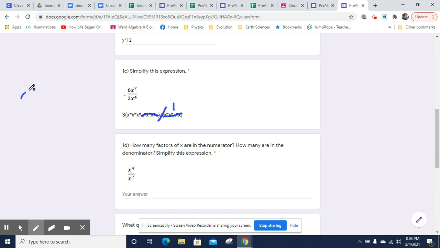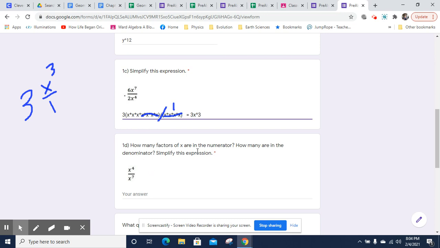So I've got 3 times 3 factors of x in the numerator over just 1, because all 4 of them got canceled out. And so this will end up just being 3x cubed, which equals 3x to the 3rd power.